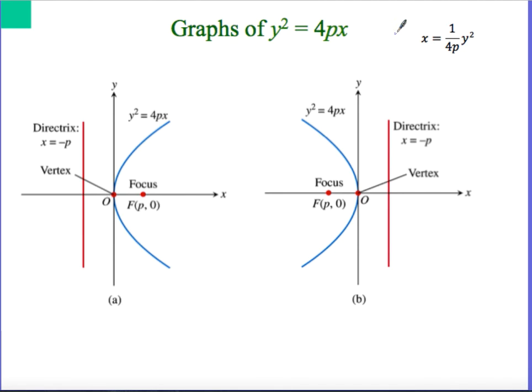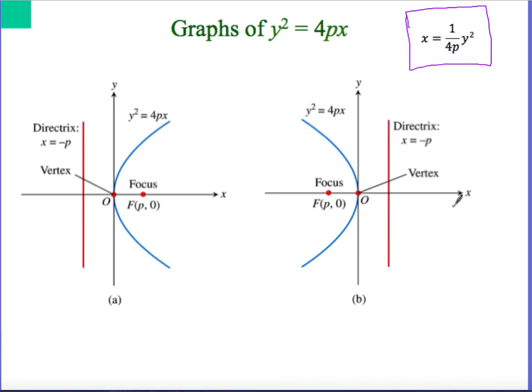If that happens, it's just a slight change in our equation. Check out the upper right again. x equals 1 over 4p times y squared. So now it's the y value that's squared, and the x is just raised to the first. Everything else is the same, and you have 1 over 4p as your leading coefficient.